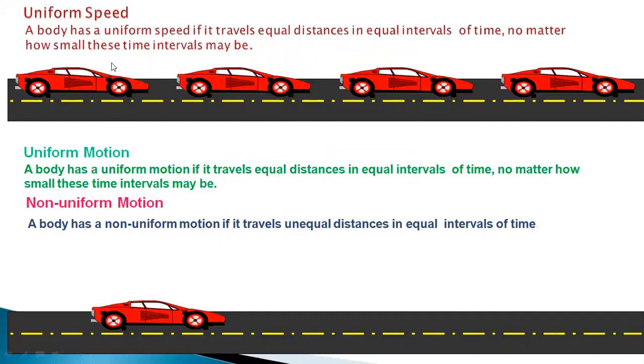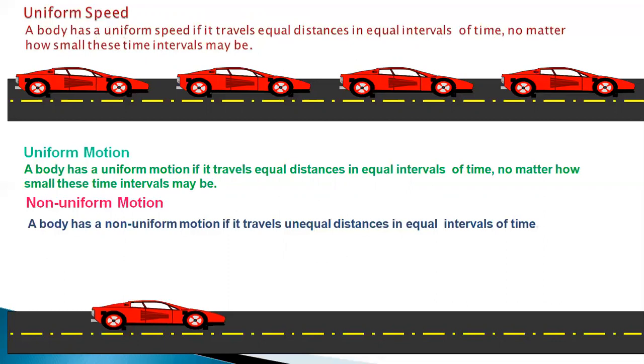Next one is uniform speed. A body has uniform speed if it travels equal distances in equal intervals of time, no matter how small these time intervals may be. It means a body is traveling equal distances in equal intervals of time. Okay, so what does it mean?